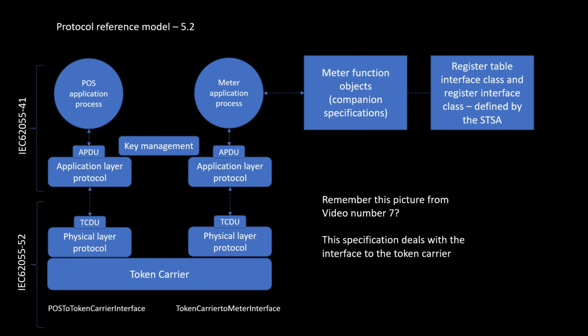This specification deals with the interface to the token carrier, and associated with that are meter function objects, which are subjects of companion specifications, and in there a register table interface class and a register interface class, which is defined by the STS Association.